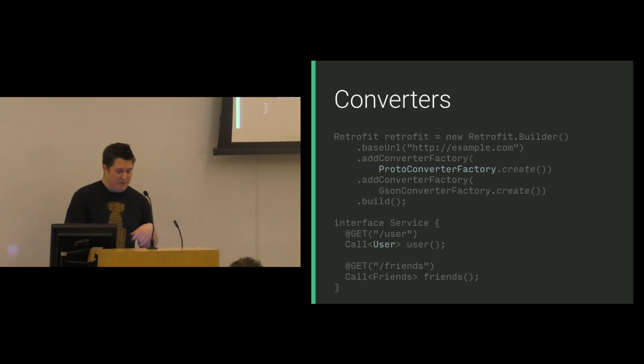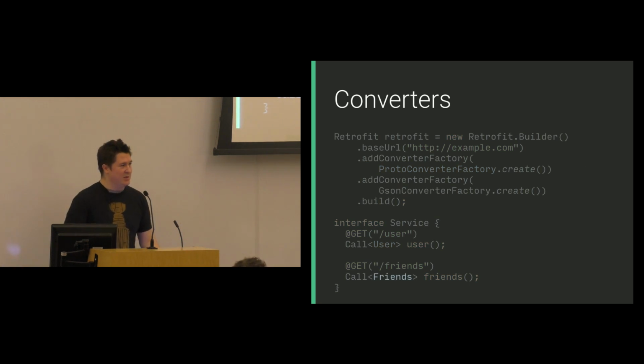So it goes to the proto converter factory and says, can you handle a user? If you know anything about protocol buffers, they're generated classes, and all the classes extend from the same type. So all this proto converter does is ask, does it extend from the prototype? In this case, it does. So it says yes, that's the converter that's used.